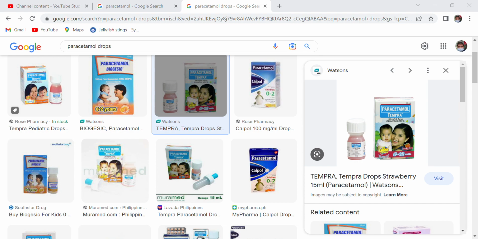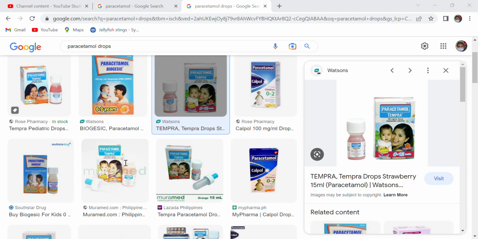The paracetamol that you want to give to your child is 150 divided by 100, which is 1.5 ml. So you can give 1.5 ml if you use the recommended dose of 15 milligram per kilogram, but some will use 10, ranging from 10 to 15 milligram per kilogram.